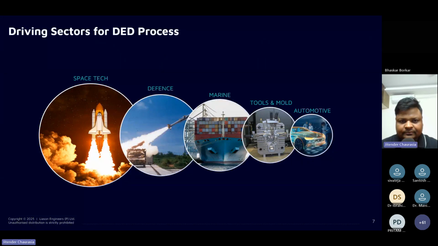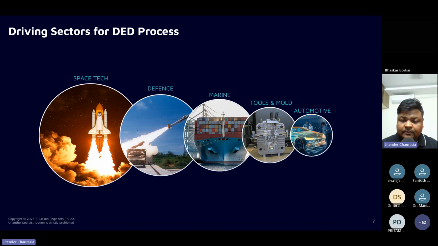Now coming to the driving sectors, you can see the images are converging. These are as per their total business. I can't give numbers, but this is how the business comes. The majority of the companies are space tech. Refurbishment is one of the applications.